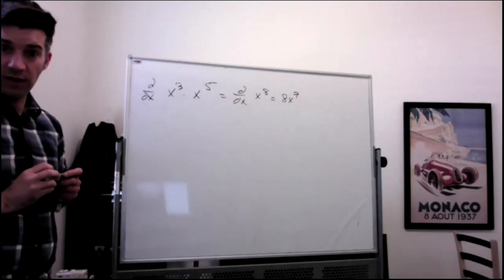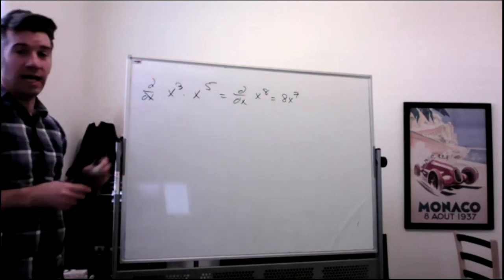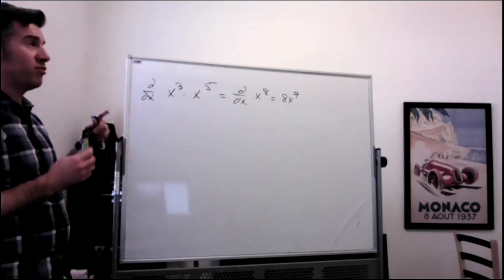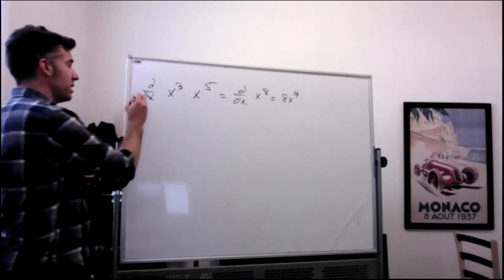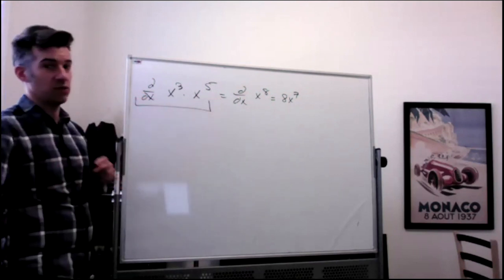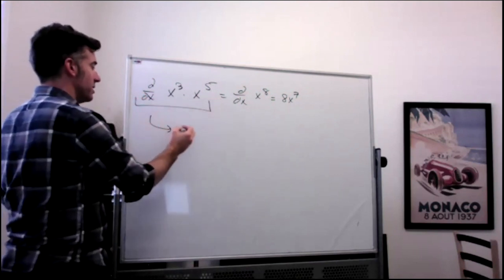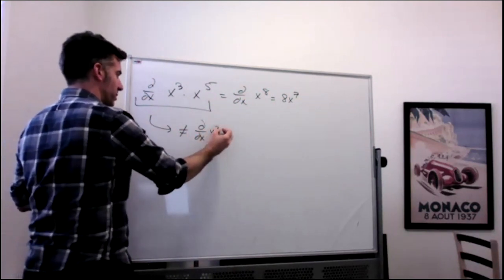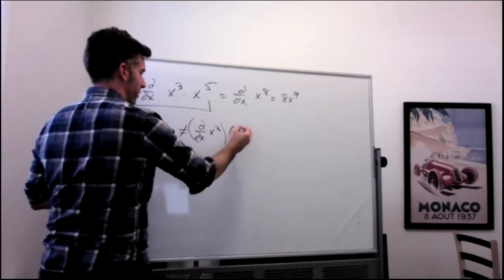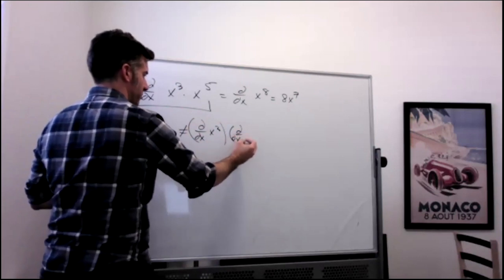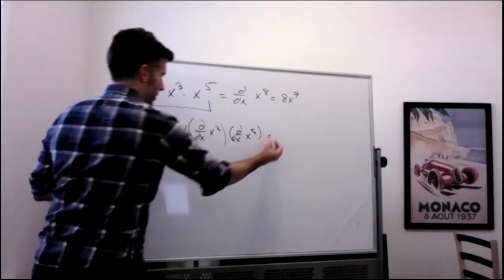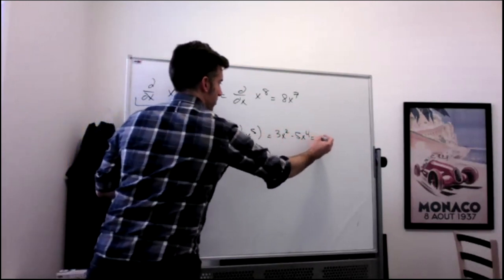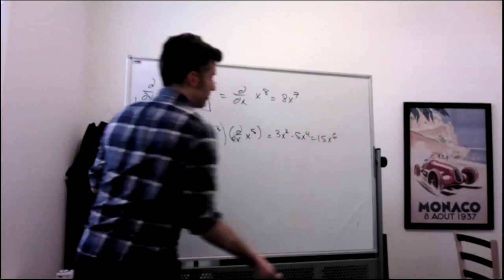Here's what I will say about this. You could not differentiate this by taking the product of the derivatives. I want to really stress that this is not equal to the derivative of x cubed times the derivative of x to the 5th, which is 3x squared times 5x to the 4th, which is 15x to the 6th.